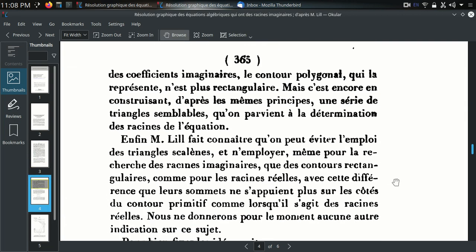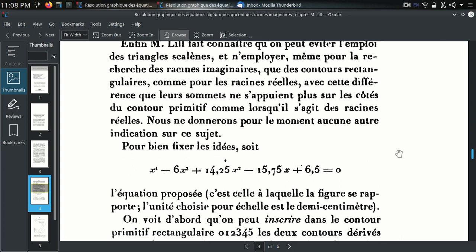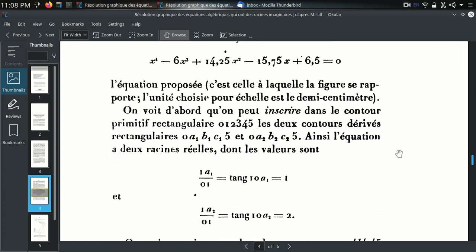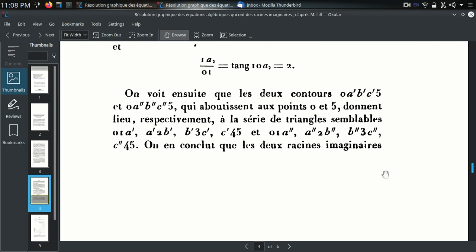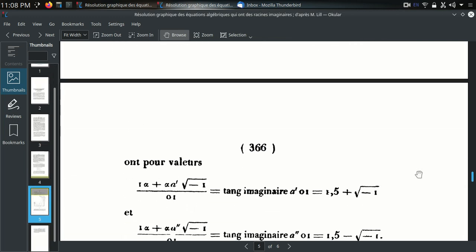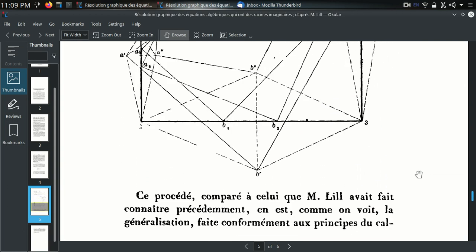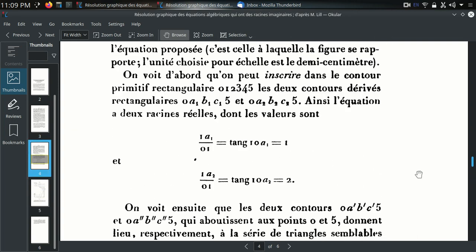Which is entirely possible. My French is not perfect. So here we have a 4th degree that he's using as an example in here. But this entire thing, all he's doing is he's using that as an example.